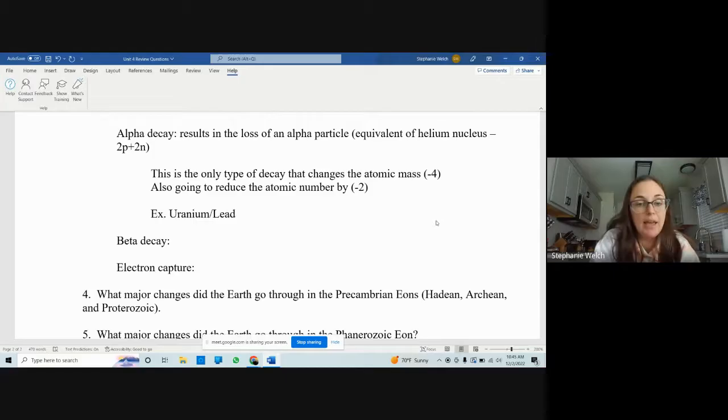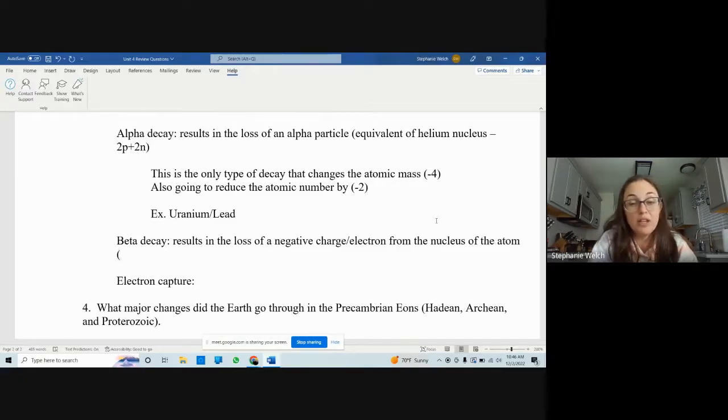In beta decay, this results in the loss of a negative charge. You could think of it as the loss of an electron from the nucleus of the atom.